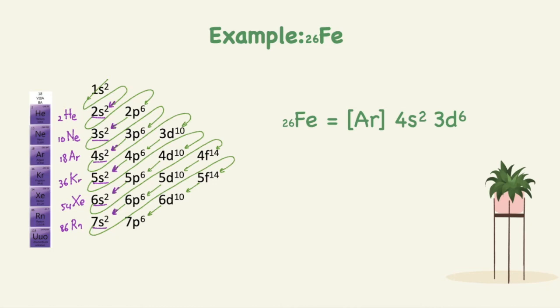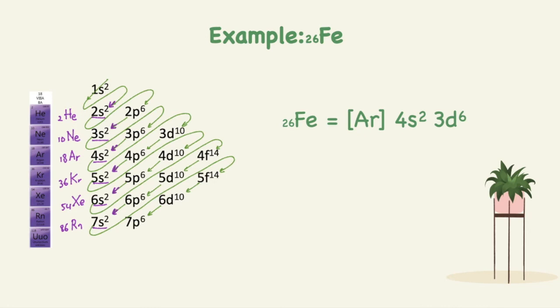From the 26 electrons of ferrum, we still have 8 electrons remaining. So we go to the 4s and then write the remaining electrons. The configuration will be 4s2 and 3d6. If we sum all of the electrons: for argon, 18, for s 2, and 3d 6.